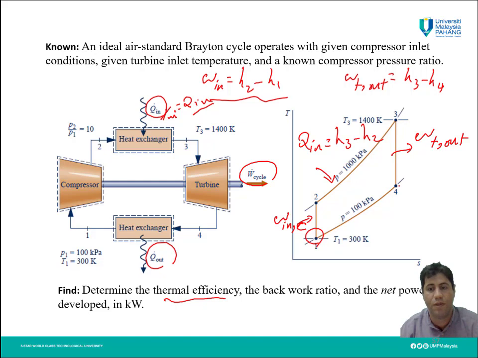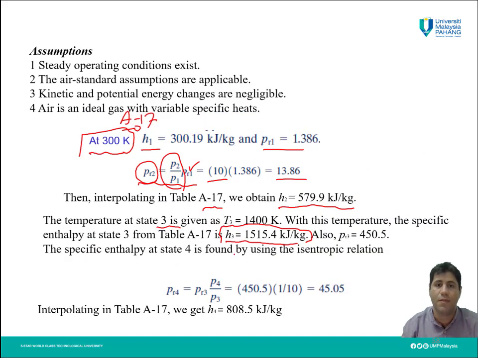The process is isentropic, and we can write this isentropic equation: PR4 is equal to PR3 times P4 divided by P3. But we don't have PR3, but as I said, we have temperature for state 3. Then we can go to table A17 again and find PR3 for this state by interpolation.